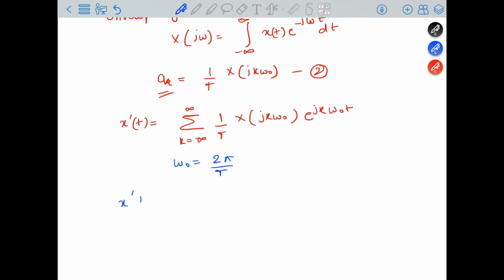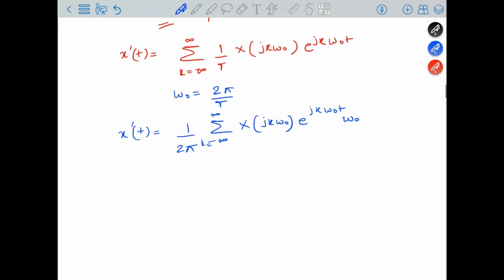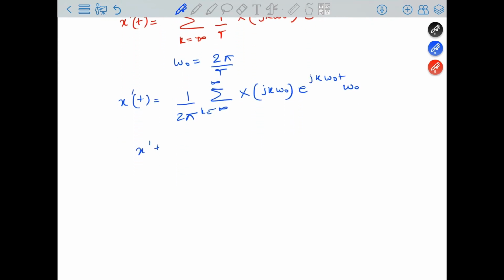So, our x'(t) will be equal to 1 upon 2 pi, summation k equals minus infinity to infinity of X(j k omega naught) e^(j k omega naught t) omega naught. And now, your x'(t) will tend to x(t) as T tends to infinity. As you make the period infinite, your periodic signal can be represented as an aperiodic signal only for one period. And as T tends to infinity, your omega naught tends to 0.